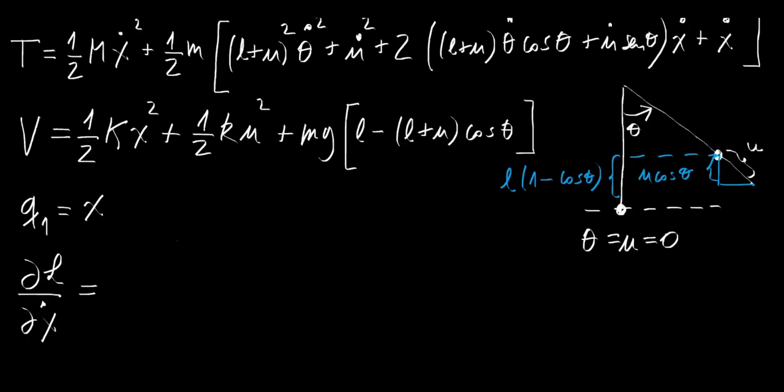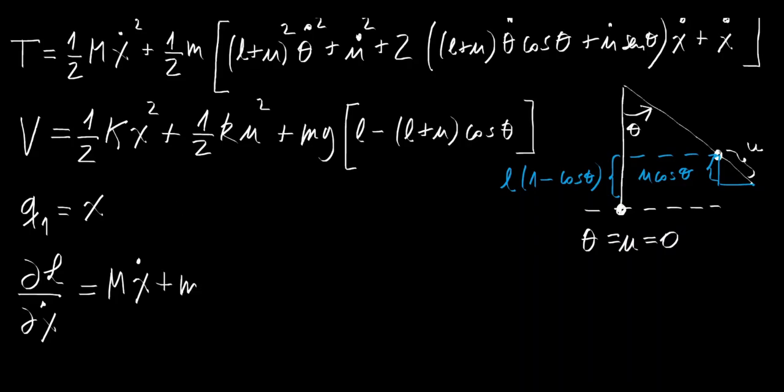The first term is fairly easy, m times x dot. Then we have this big boy here, which is this whole parenthesis, which is multiplying x dot. There's also a 2 here, which will be cancelled with the 1/2.